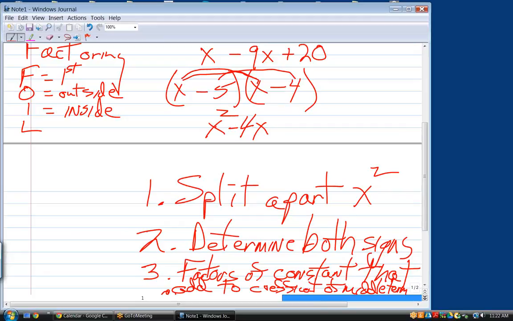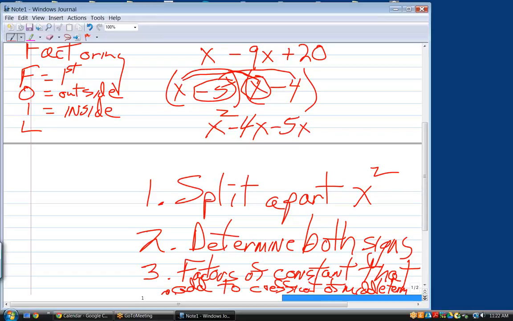Is that 5x? Is it minus or plus? Well, what I'm doing is I'm multiplying that term times that term. I thought there was another minus. Sorry. So it's just going to be minus 5x.